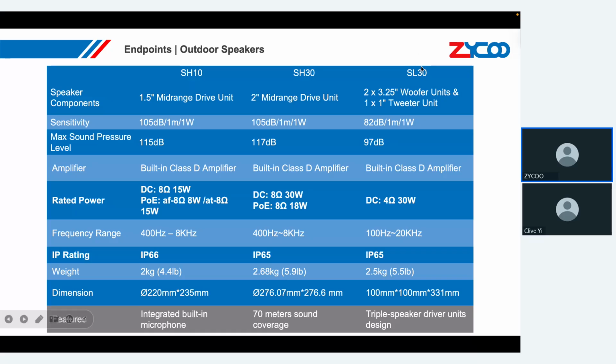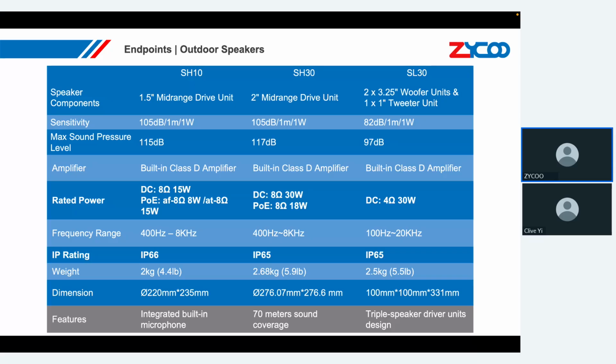And for the SL30, although the maximum sound pressure level is lower, as you can see, it has a wider frequency range. That means the sound quality can be better. So whether it's high, middle, or low frequency sounds, they can be delivered to the audience clearly.